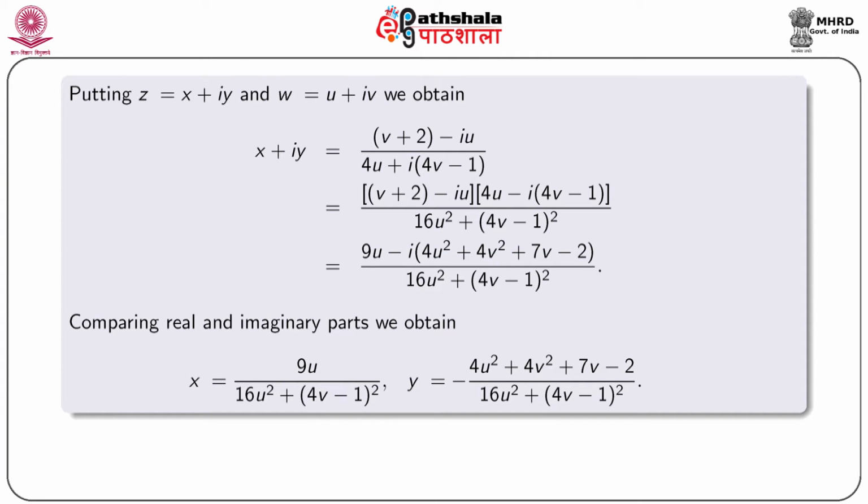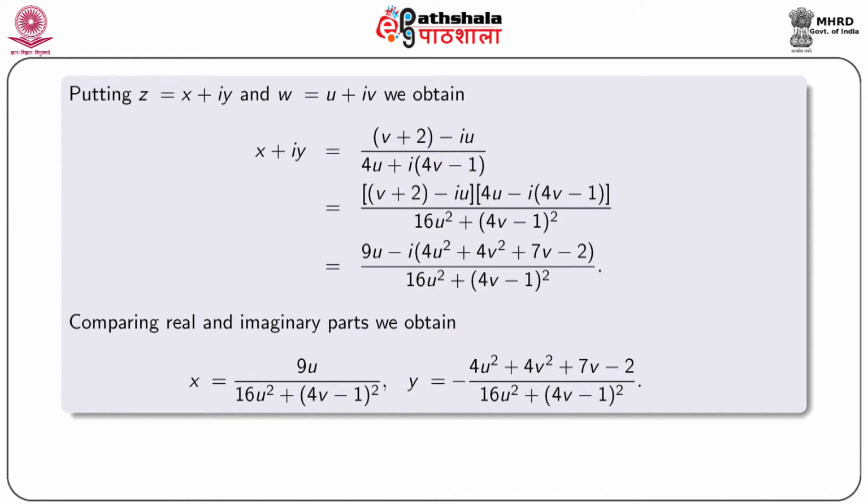So, putting Z = x + iy and W = U + iV, we obtain x + iy = (V + 2 − iU)/(4U + i(4V − 1)), and which gives by simple calculation [9U − i(4U² + 4V² + 7V − 2)]/[16U² + (4V − 1)²].